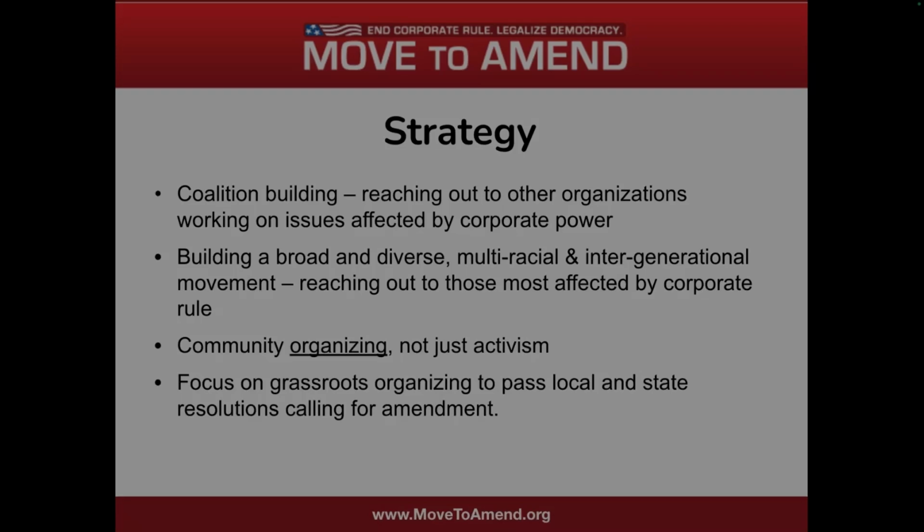Every time we talk to one organization, they automatically click that the problem is corporate greed and money in politics, so they right away make the connection. And so we are focusing on building those connections and making it broad and diverse, multiracial and intergenerational, as I said, because it encompasses many things.